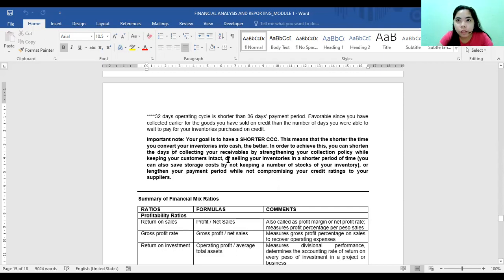So you sell your inventories in a short period of time, you don't store your inventory, so you save storage cost, because you sell quickly.